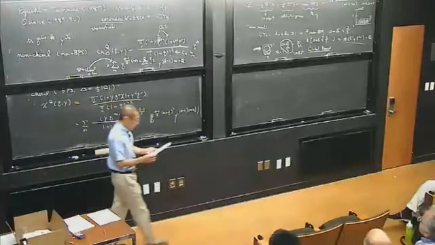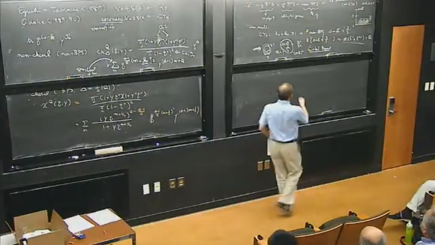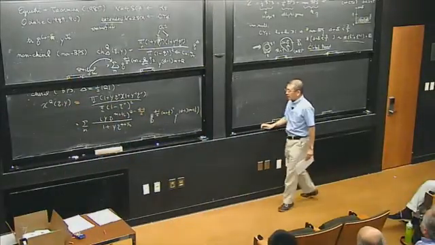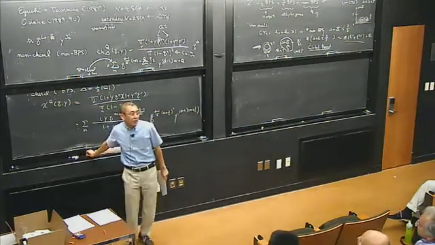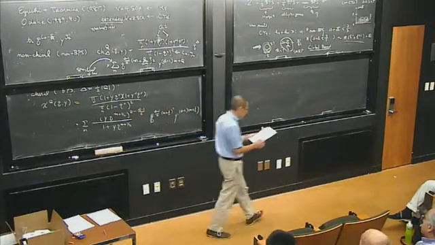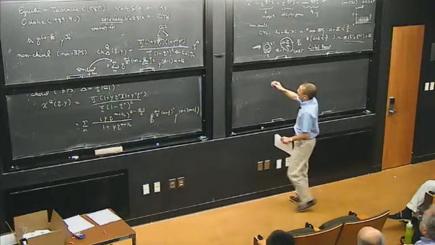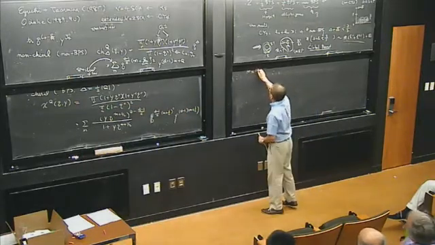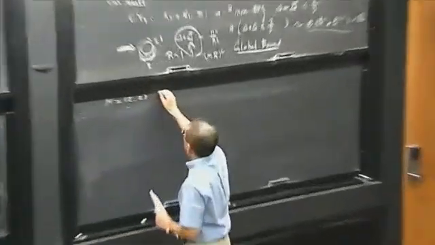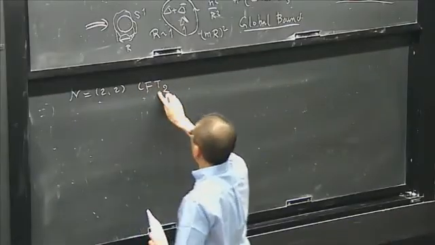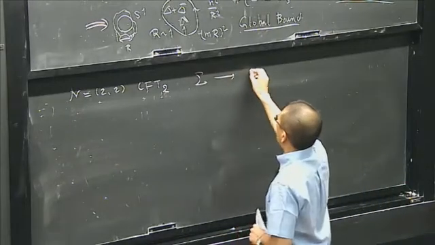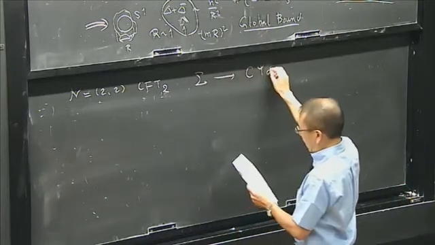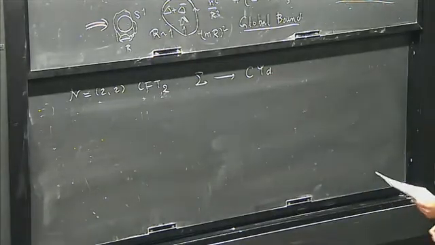Okay, so let me move on. This was the outline of what I want to tell you, and now I would like to tell you a little bit more detail. We are interested in N=2 CFT in 2 dimensions, which is described by a sigma model whose target space is a Calabi-Yau d-fold.